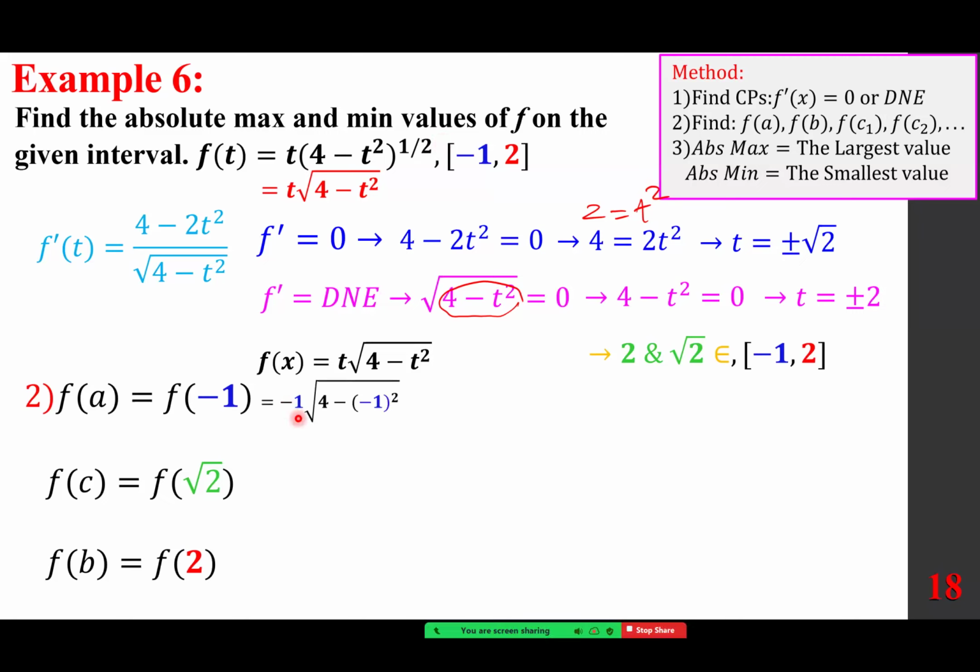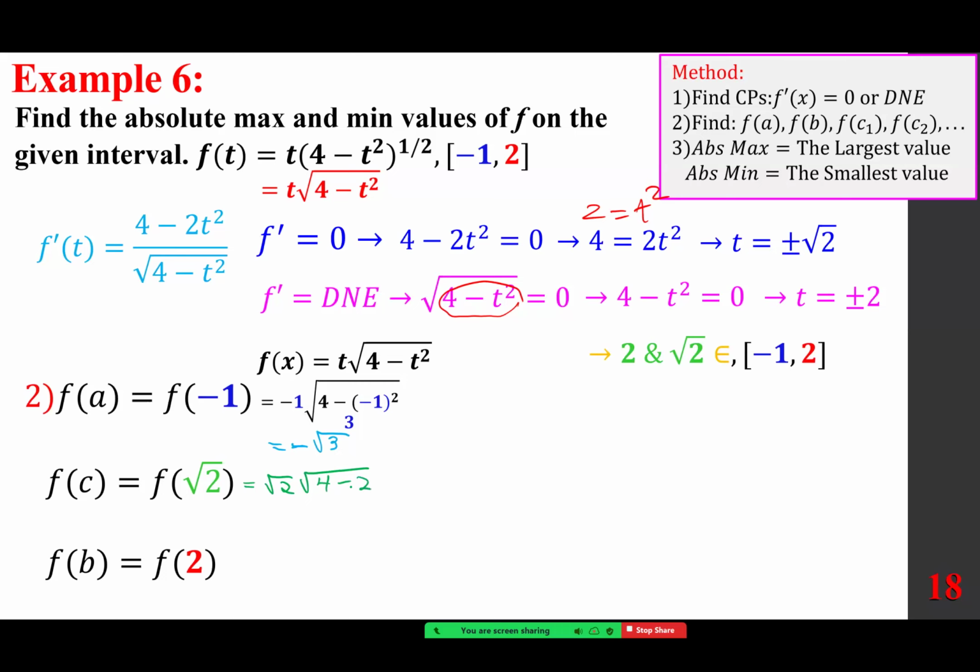When we plug in -1, this one becomes +1. 4 minus 1 becomes 3. And the result is minus square root of 3. Let's plug in square root of 2. If I plug in square root of 2, I get square root of 2 times square root of 4 minus t squared; square root of 2 squared is 2.